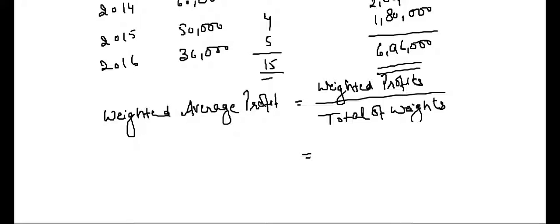So what are the weighted profits? 6,96,000 divided by 15. In the simple average profit method we divide by the number of years, but in the weighted average profit method we are taking the average of the profit with the weights. As the name suggests, we are taking the average of the profit with the weight. So the weighted average profit comes to 46,400.